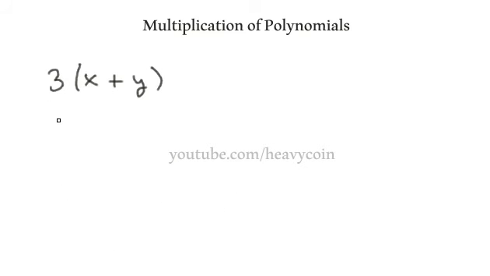Okay, I'm going to demonstrate the distributive law. So we're going to take this 3 and multiply it by this x here. So this becomes 3x plus, and then 3 times y is 3y. I mean, what is this really?